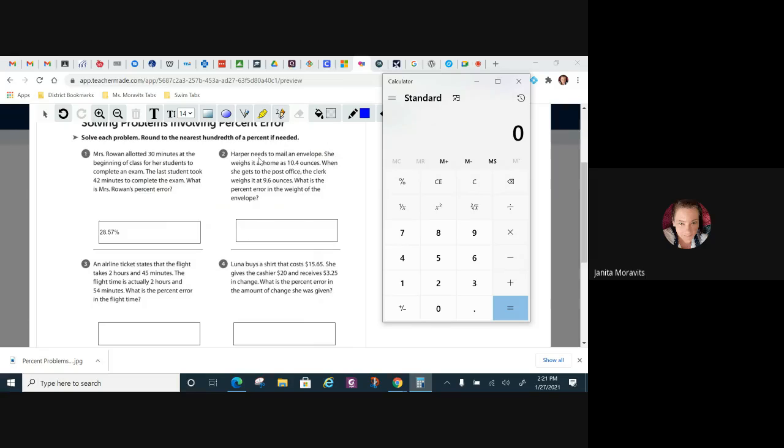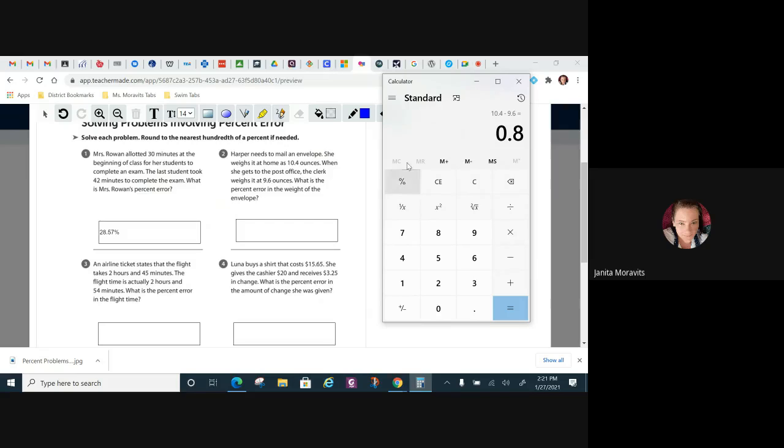Well, first we have to find the difference. So let's take our 10.4 and subtract 9.6, because that would be the difference. 10.4 minus 9.6. So her scale weighed it 0.8 of an ounce bigger than what the post office weighed it at.